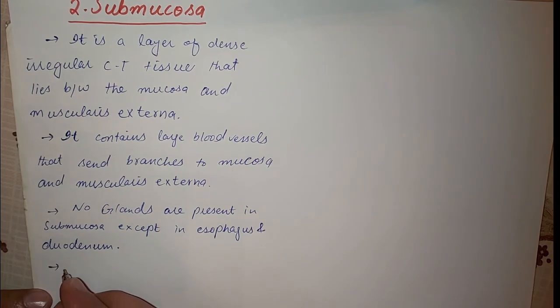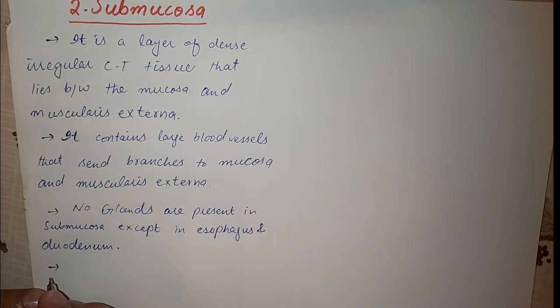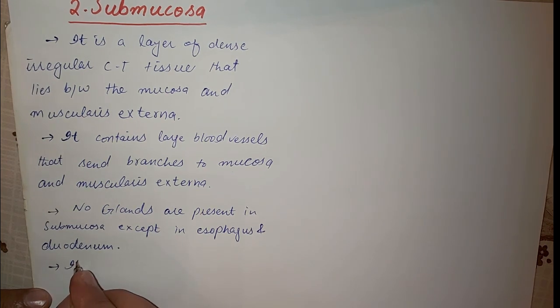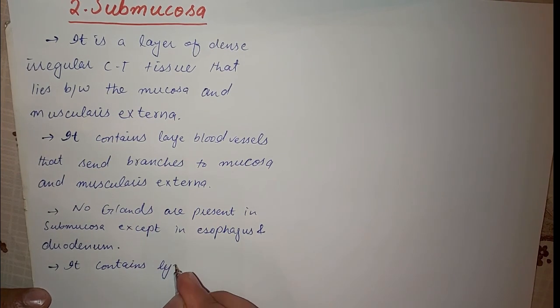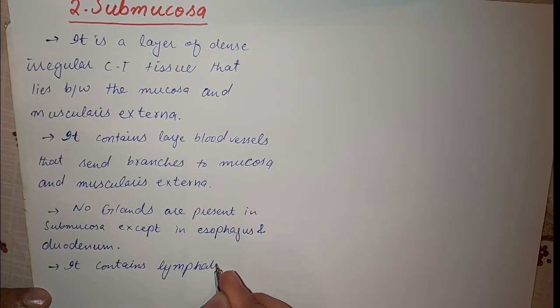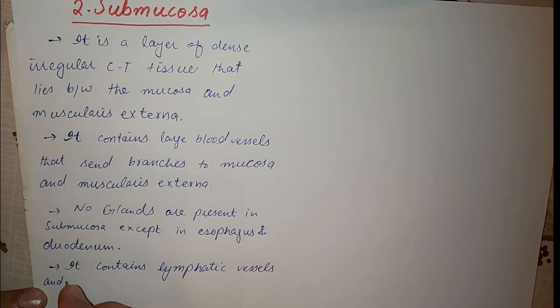Next point is that submucosa also contains lymphatic vessels and nerve plexus.